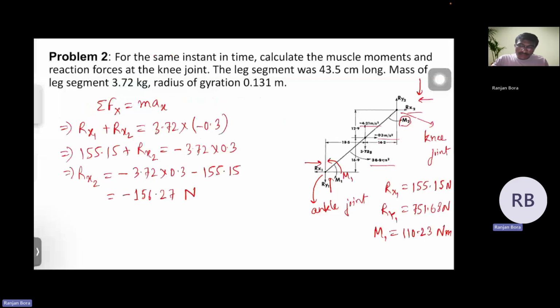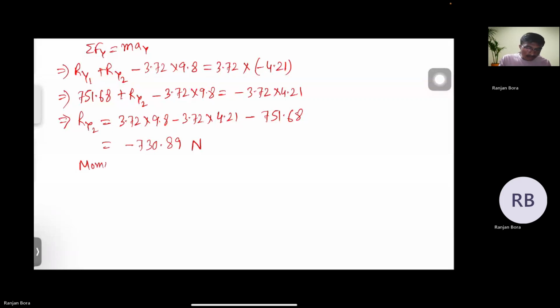Here the mass of the leg segment is given, and the radius of gyration is given as 0.131. So the moment of inertia I is mass multiplied by radius of gyration whole square.